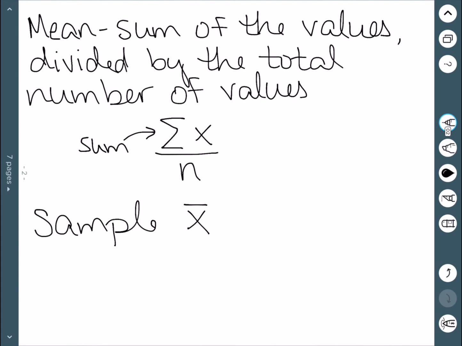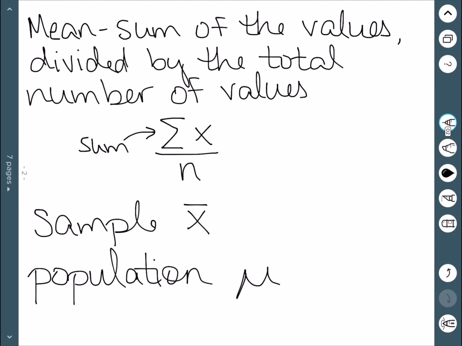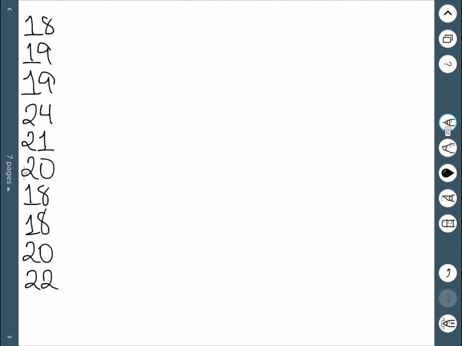The sample mean, so our sample statistic mean, is denoted by an x bar. And the population mean is denoted by this mu. Even though we use different things to represent the sample mean and the population mean, they are both computed the exact same way.